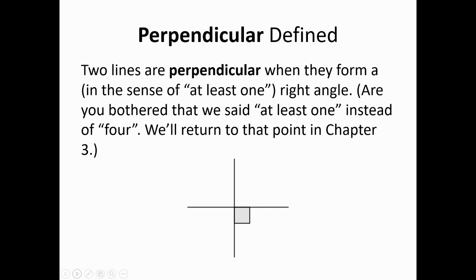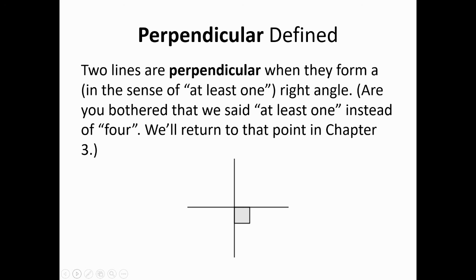So here it is. Two lines are perpendicular when they form a, in the sense of at least one, right angle. Now, you might well be troubled here. You might well wonder why I didn't say that perpendicular lines form four right angles in the definition of perpendicular. Well, my response to you is that indeed perpendicular lines will form four right angles, but that doesn't really belong in the definition, because again, all definitions are supposed to do is allow us to pick out objects of a particular type.